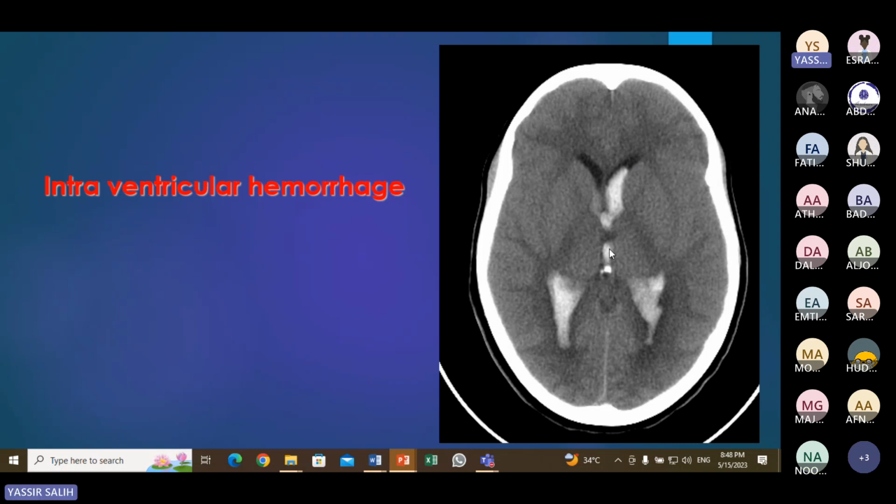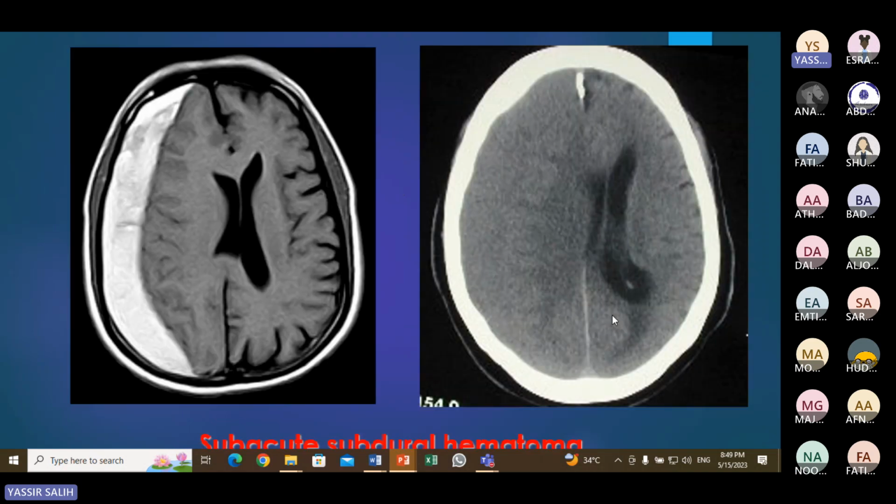Yes, and what is this? Third ventricle. And these are the temporal part of the lateral ventricle, the posterior or occipital horn, right and left, of the lateral ventricle.